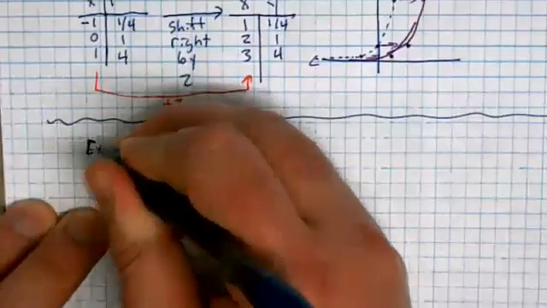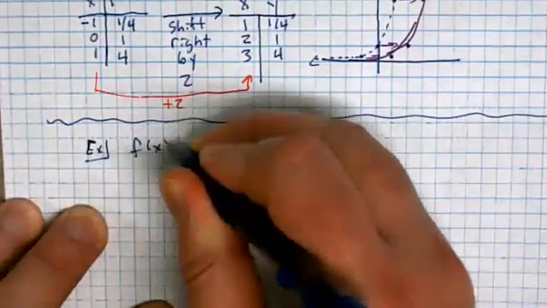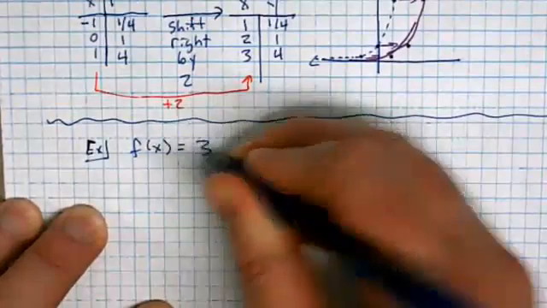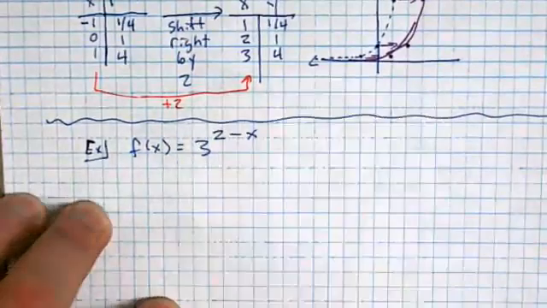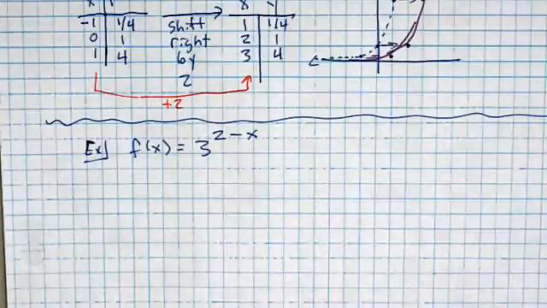Next example, this time f of x equals 3 to the 2 minus x. Okay.